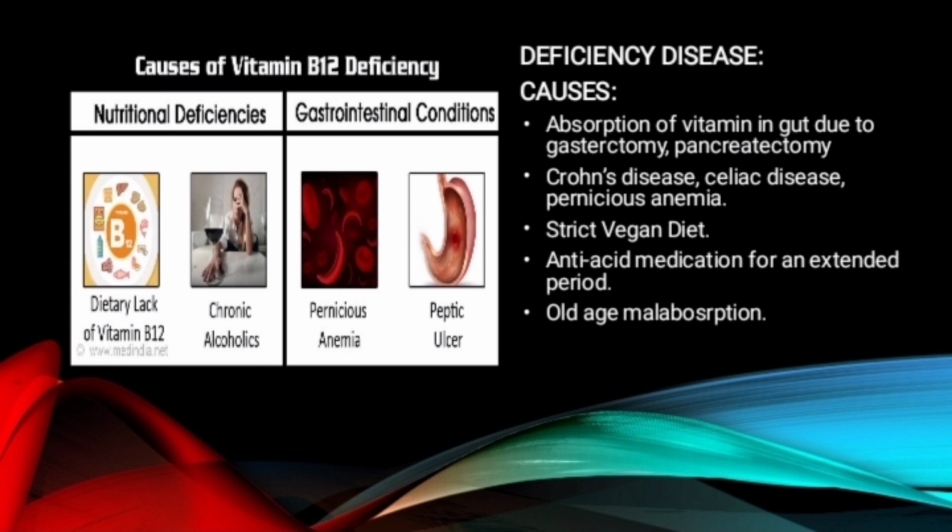The anemia of vitamin B12 deficiency is really due to tissue folic acid deficiency.